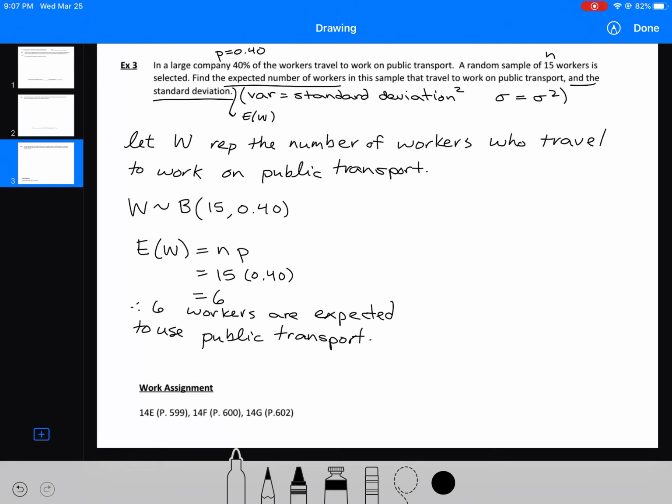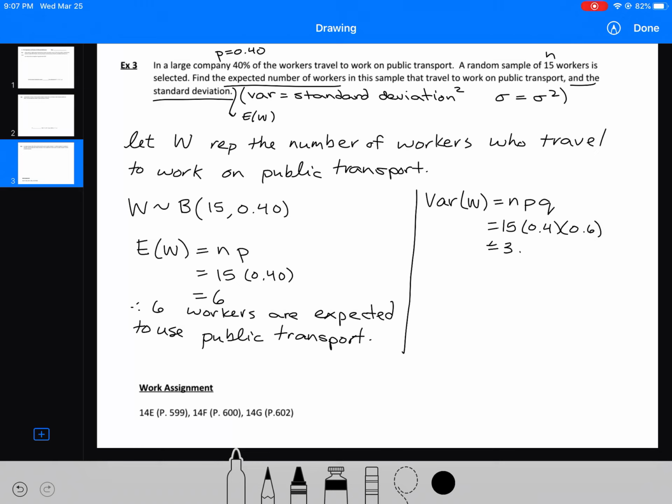The next thing that we're going to do is our standard deviation. So I'll do that over here. So first thing that we can find is the variance of our variable, which is n times p times q. Remember that p and q have to add up to 1.